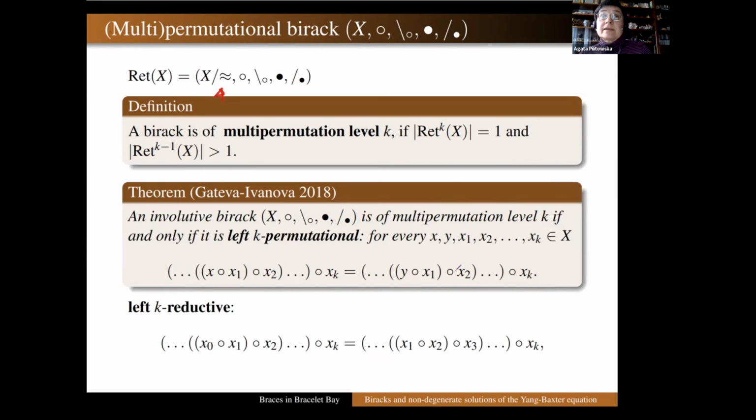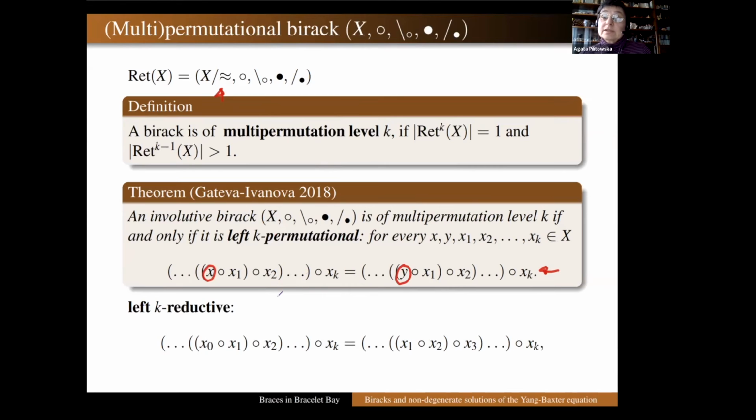This means that such a Birack satisfies some new equation. If you look at both sides of this formula, you can see that the difference between the left and right side is only in the most middle variables. And this means that we can take in this place arbitrary elements.